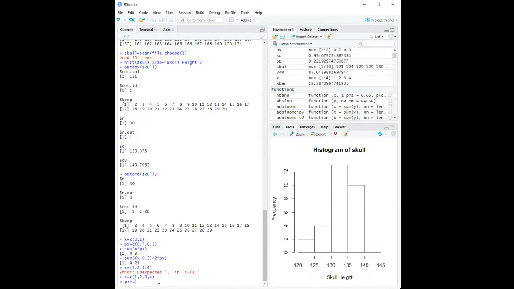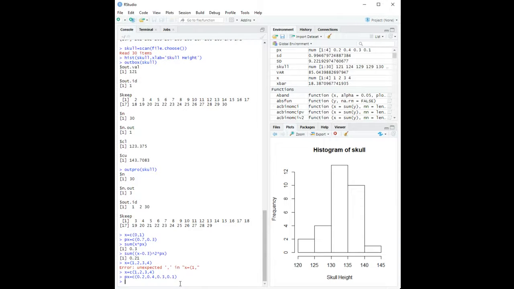So px equals combine, take all those probabilities. So 0.2, 0.4, 0.3, and 0.1. Okay, so enter.